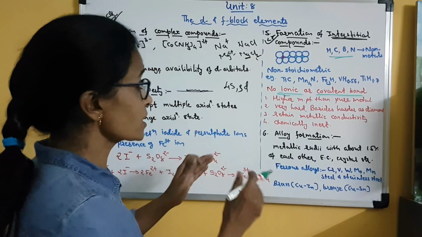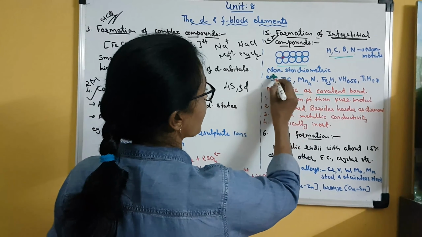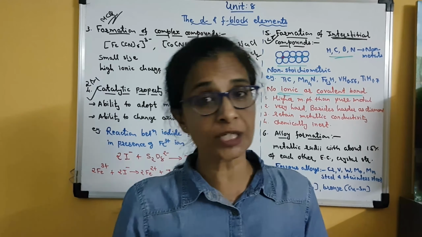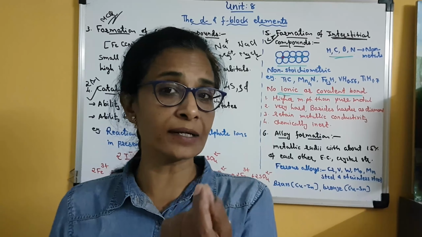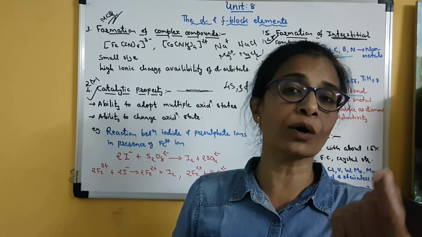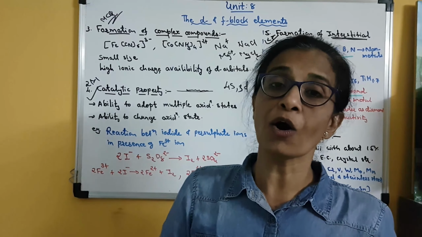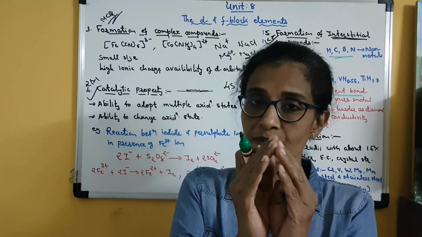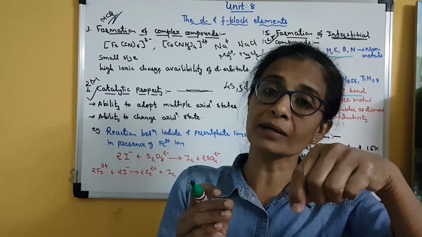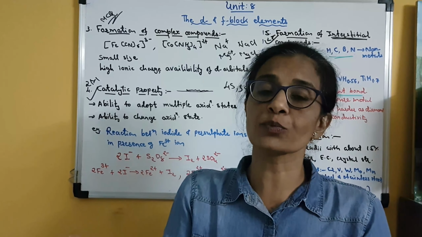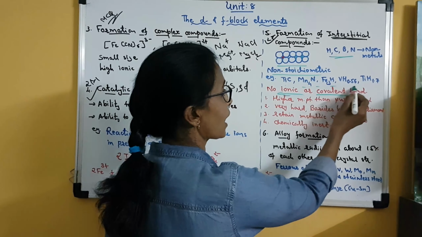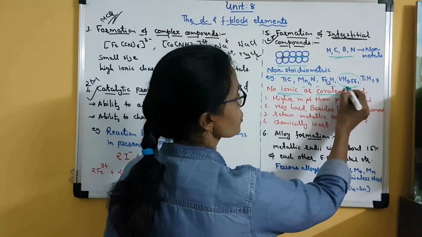Clear? This type of compounds are called non-stoichiometric compounds, meaning their proportion is not fixed. In one interstitial hole there can be 1 or 2 or 3 atoms present, or sometimes between 3 or 4 transition metal atoms. Clear? So only one non-metallic atom can also be there. So their proportion is not fixed, so their formulas are not fixed. Here you can focus on this formula.